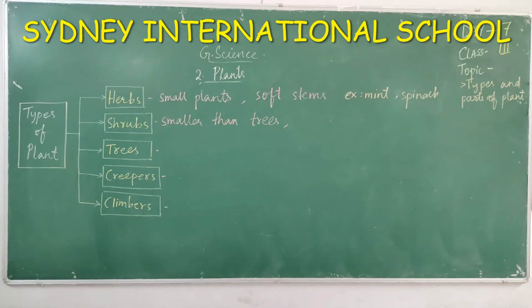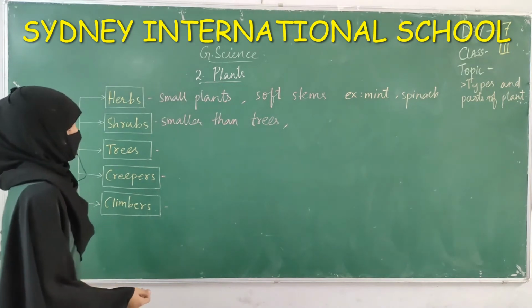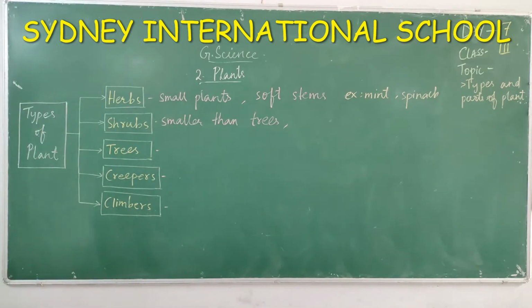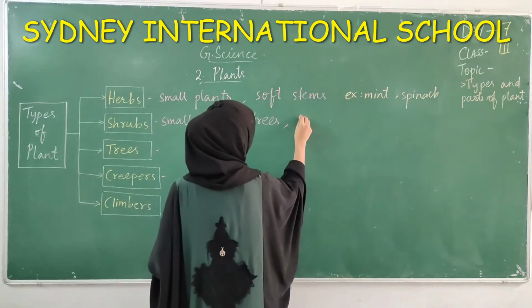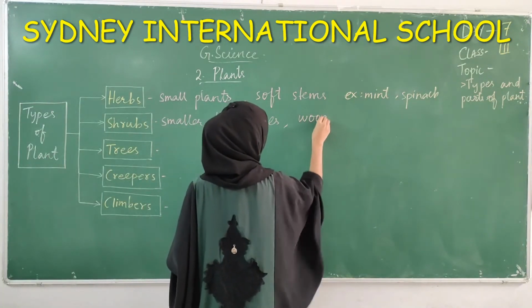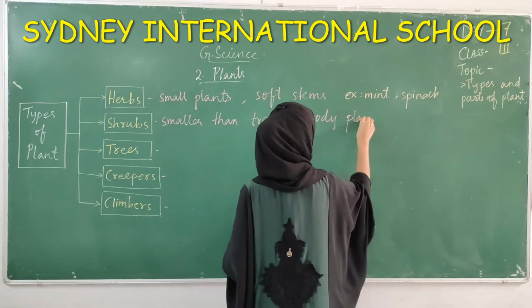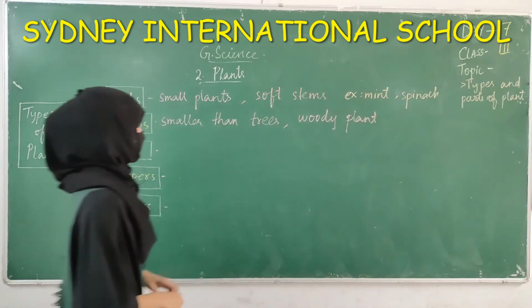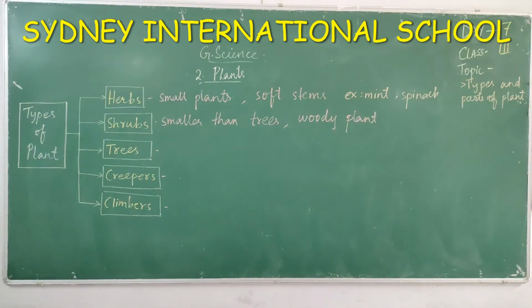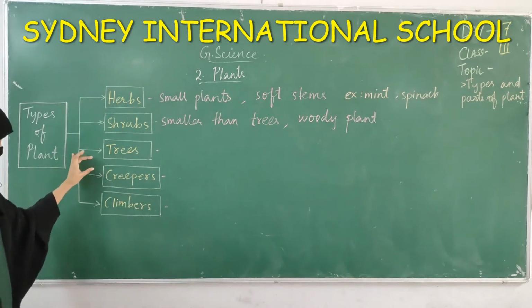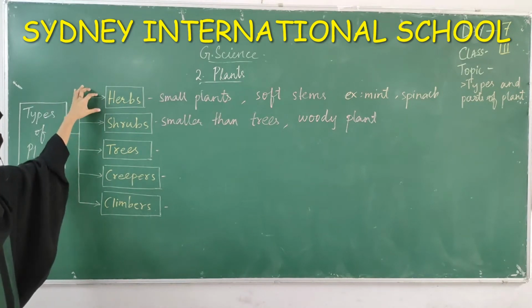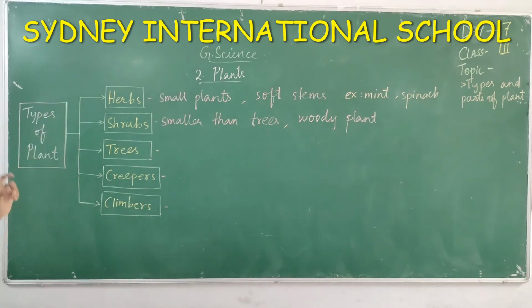They are small woody plants. So I'll write woody plant here. Okay, that means shrubs are smaller than trees, but they are bigger than herbs, and they also have woody stems.